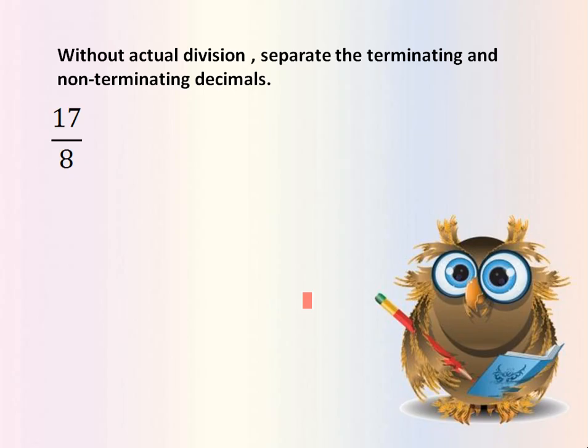Let us apply this rule in an example. I have a rational number 17 over 8. The first step is to convert this rational number into its standardized, lowest or simplified form. This rational number is already in its lowest form, so I will move on to the denominator. We have the denominator 8, and we know that the prime factors of 8 are 2 into 2 into 2.